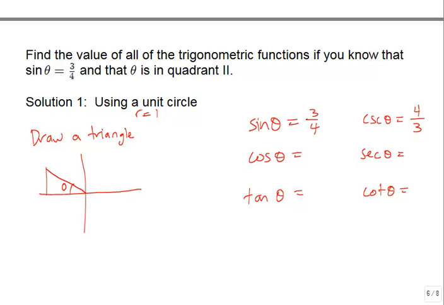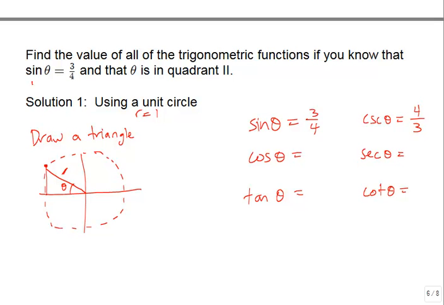My angle theta would be right here, and because we're on a unit circle, you want to kind of imagine that circle around like this. The radius of that circle is really that hypotenuse. So we have a terminal point right here, which is an x comma y, and we're told that the sine of theta is 3/4. Now when you're on a unit circle, what does sine of theta correspond to?